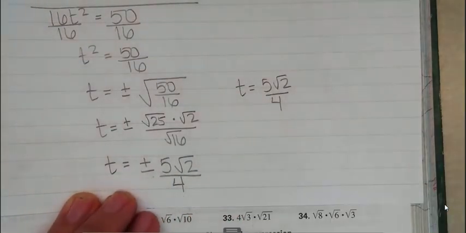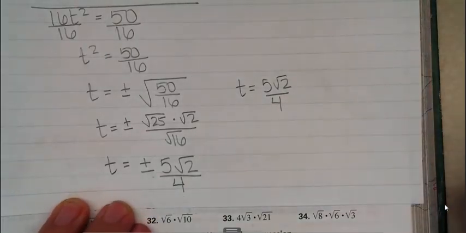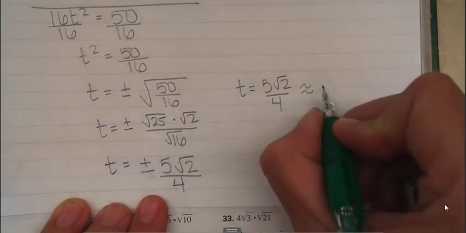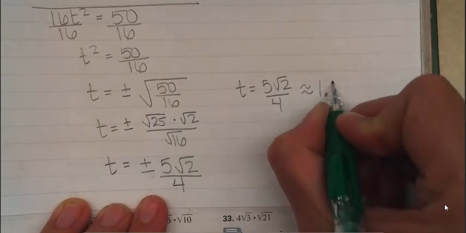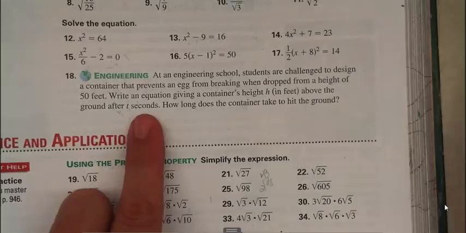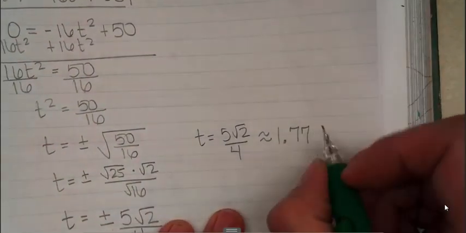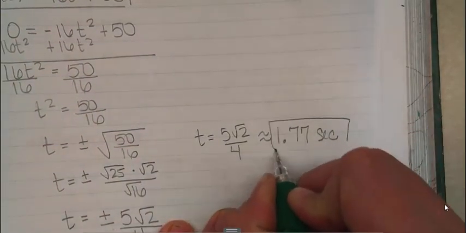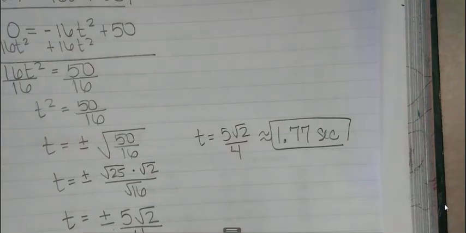And I'm going to punch that into my calculator so I can get a good idea of what that time actually is. I'm getting approximately 1.77. Let me remind myself that time is in seconds. So at approximately 1.77 seconds, this thing's going to hit the ground.